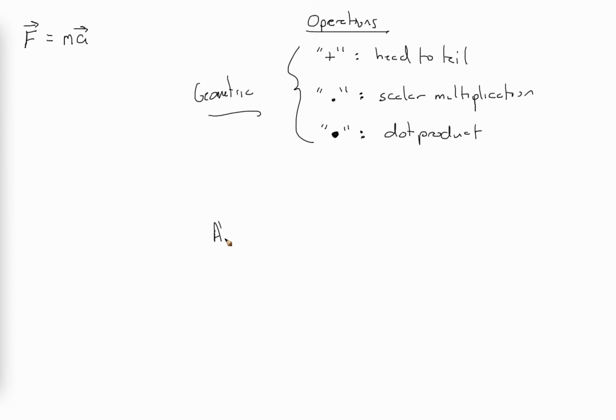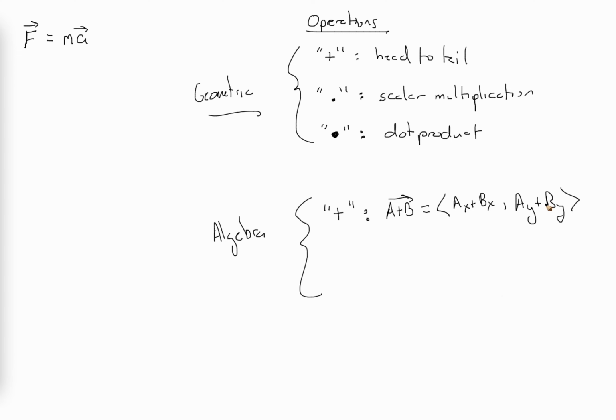So the algebra of these vectors: we still have a plus, but for this we just add components. So the vector a plus b is going to be equal to the x component of a plus the x component of b. That will be our x component for the sum vector, and then ay plus by will be the y component of our vector.